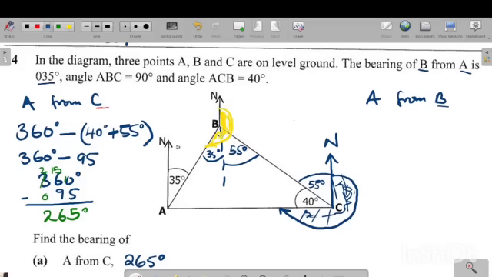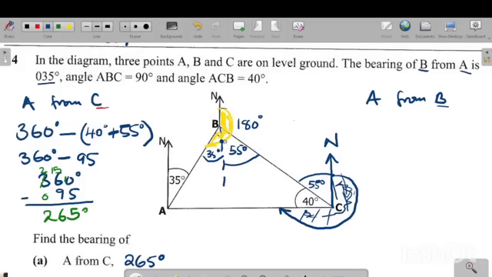Now when you look at this, it is a straight line. From the top north coming down up to here, it's 180 degrees because these are angles on a straight line which add up to 180.